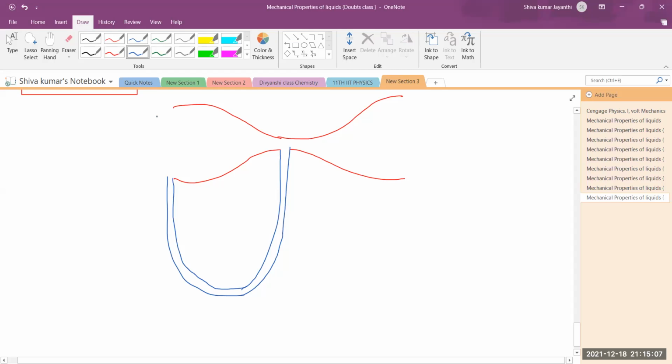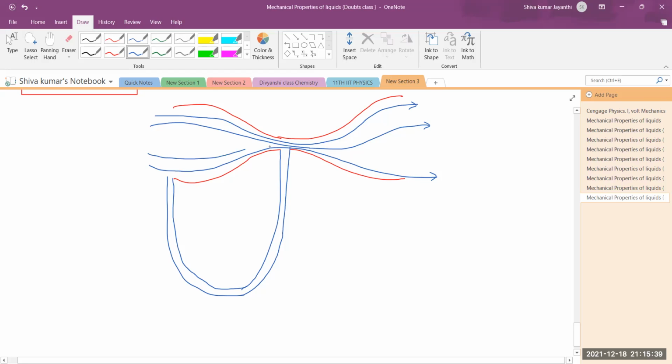So liquid tries to enter the venturimeter like this, goes into this narrow part, and then goes out like this. Okay.